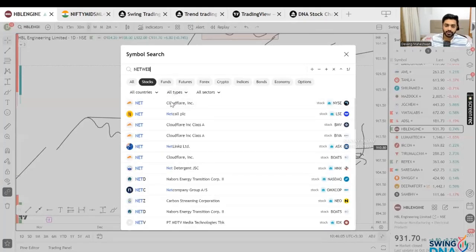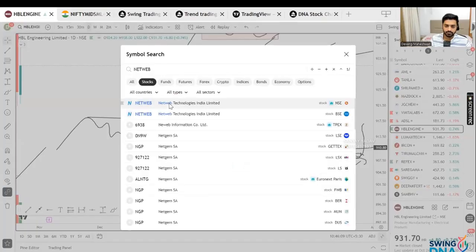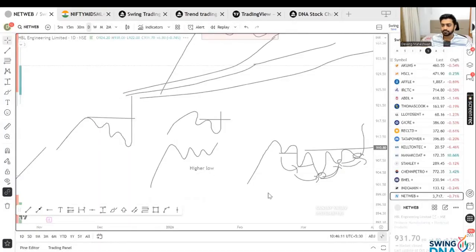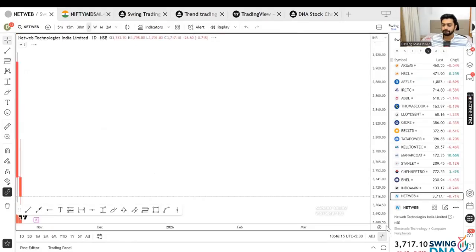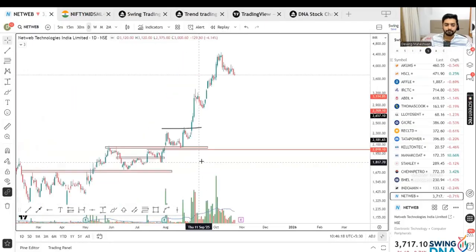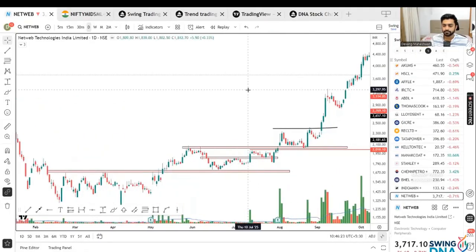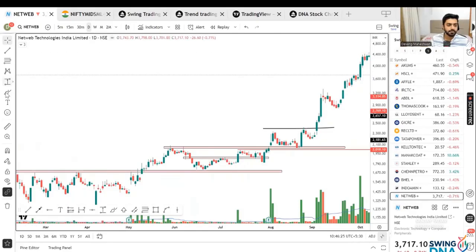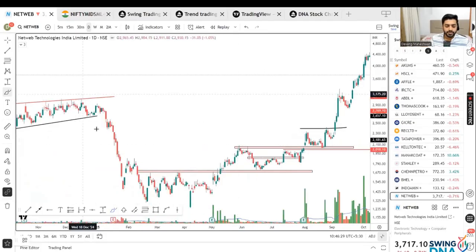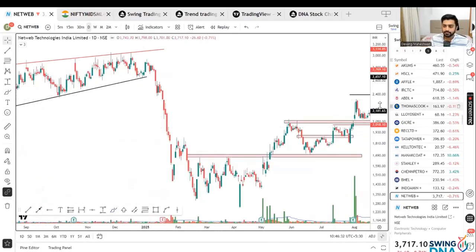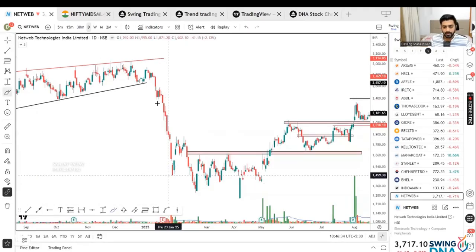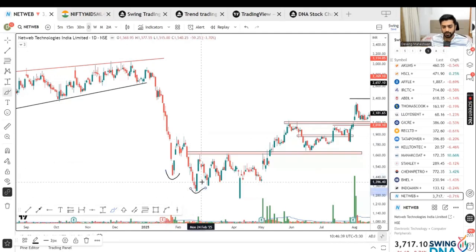This is one recent one. So this is the fall up here. And you can see it made a low, then tried to move up, and again fell. It's a lower low.